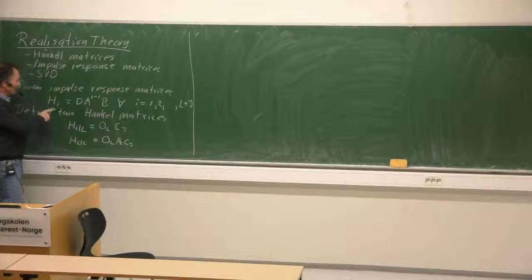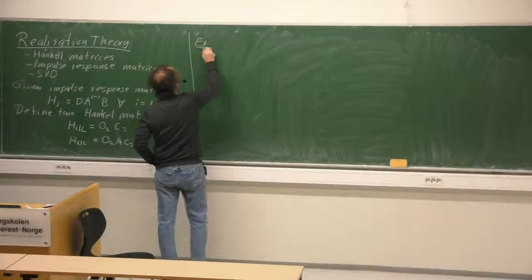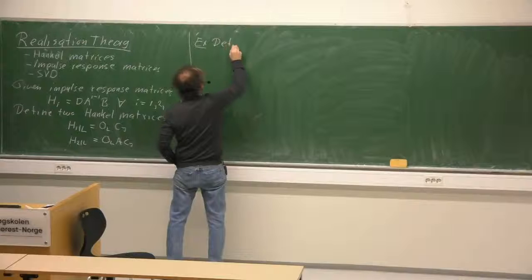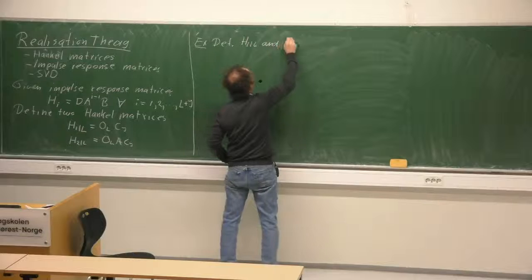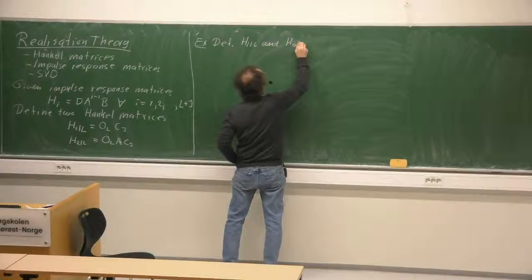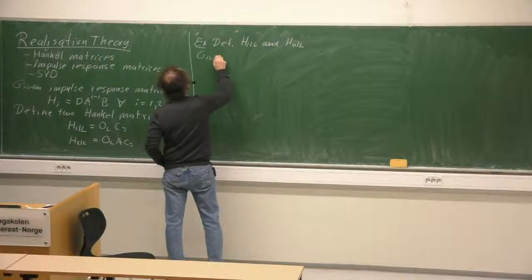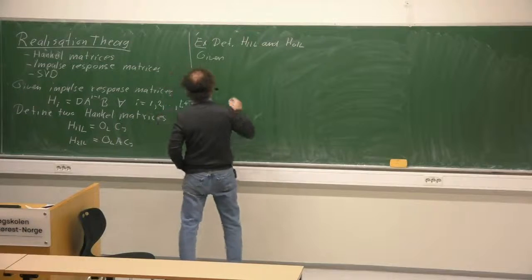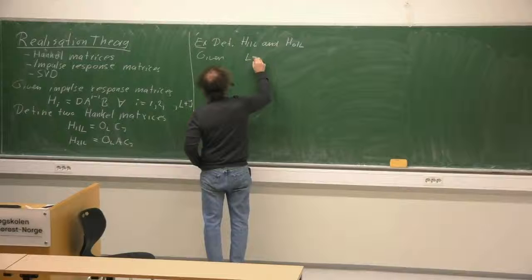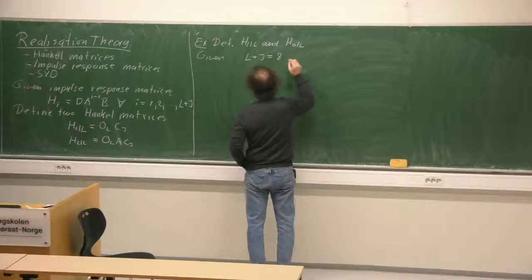Let me define those two Hankel matrices with an example. Defining H1 given L and H2 given L, given L plus J, say 8 impulse response matrices.